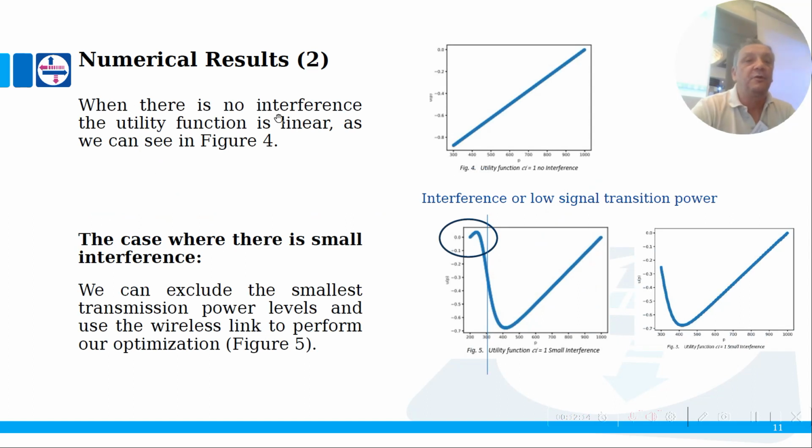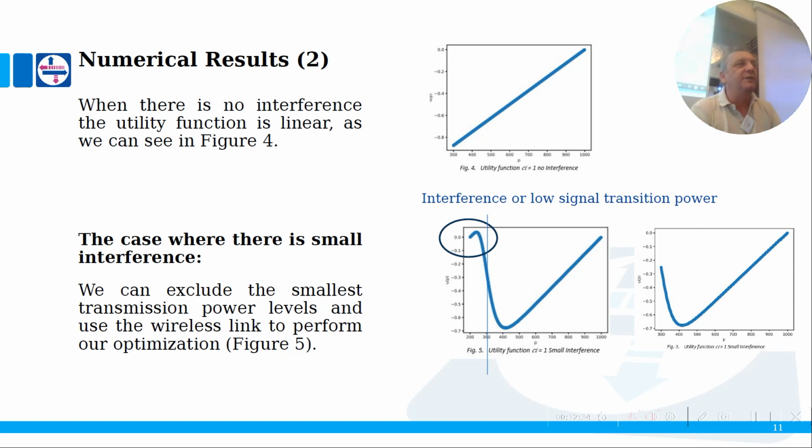First of all, when we have no interference, the utility function is linear as we see in figure 4. Now, check what happens if there's small interference. In figure 5, we can see that we have a peak in the beginning.